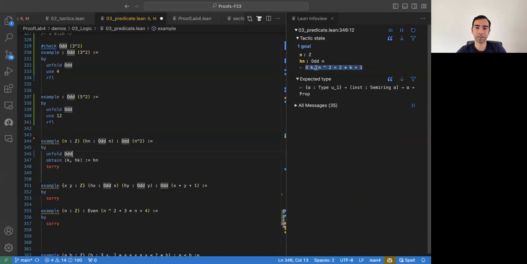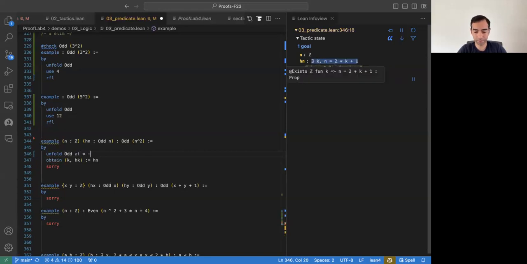There exists k such that n squared is 2k plus 1, and that is our new goal. But actually, that's not enough, because I also want to unfold the hypothesis, right? That also has odd, and I want to really see under the hood how it's defined. So I want to unfold this predicate everywhere, both in the hypothesis and in the goal. So if I write at star, it means unfold it everywhere.